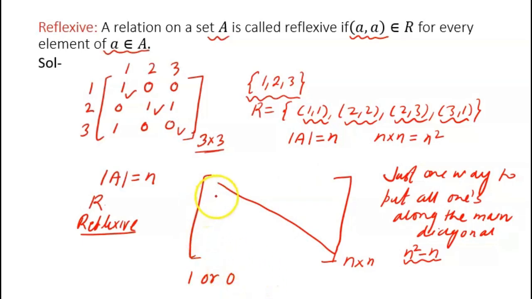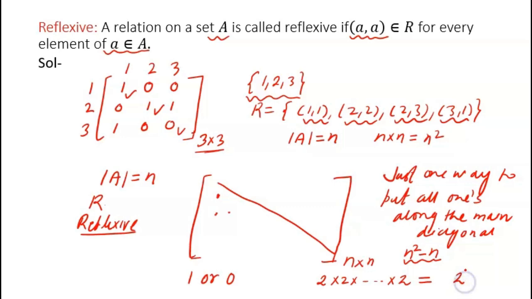So how many ways are there to fill all these n square minus n positions? Any place can be filled in 2 ways, right? And there are a total of n square minus n places, so we will multiply 2 by itself n square minus n times.